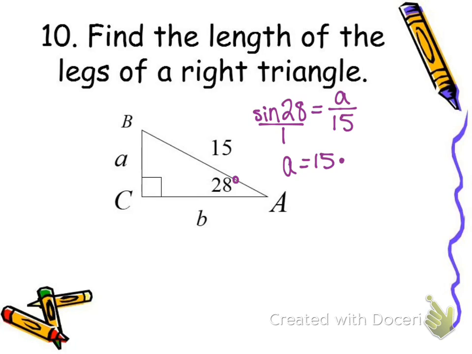sine of 28. Did you use your table or calculate that already? 0 point what? 4694. Do we agree with that as being the sine of 28? Let's check it. Yes, we would round that up to 4695. Then what's our last step to know what A is?